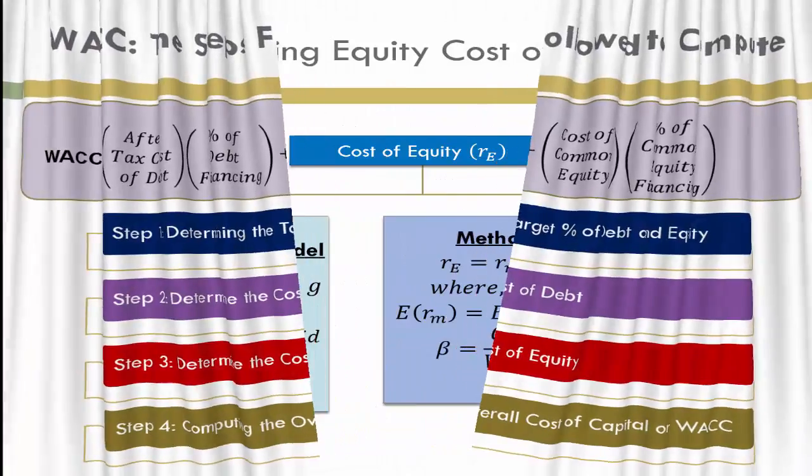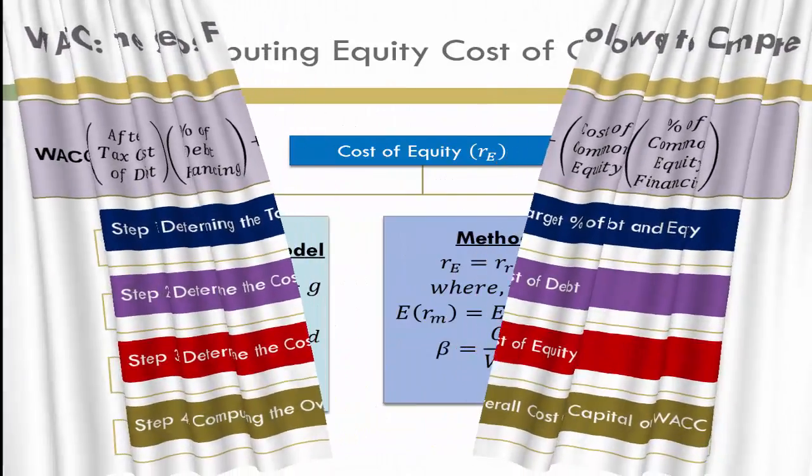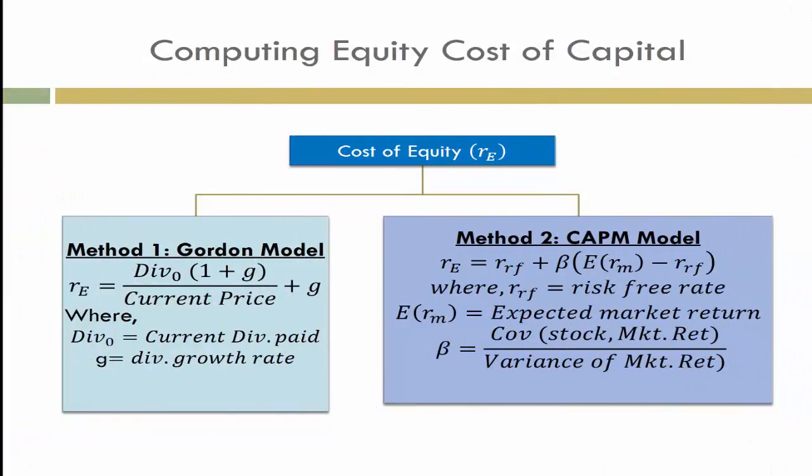So here I have listed two different methods to compute the equity cost of capital. And you might see in some other textbooks there are more ways to compute the equity cost of capital, but for our purpose, for this class, I am going to use these two methods. The first method is using the Gordon growth model, and the second is the CAPM, or the capital asset pricing model.